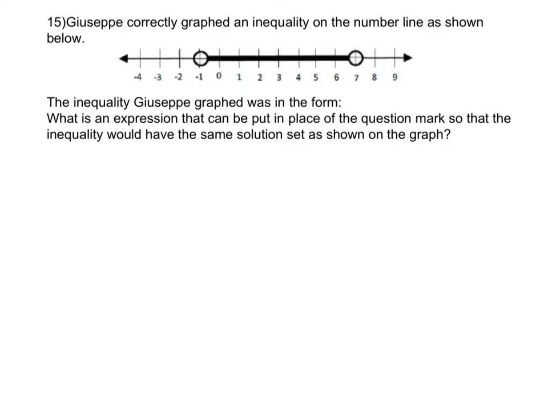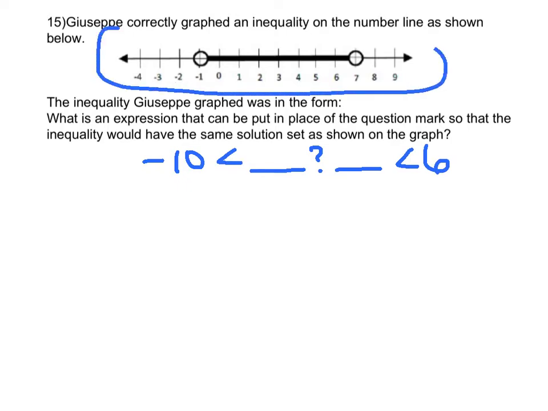Number 15, you're given the graphed inequality, and what they want you to do here is actually write the expression that can be put in place of the question mark. So if you take a look at what they give you there, they want to know what equation or inequality is going to go in the middle there in those operations in order to make the graph that they give you up here correct, right?